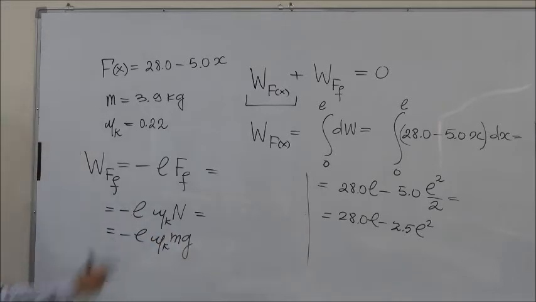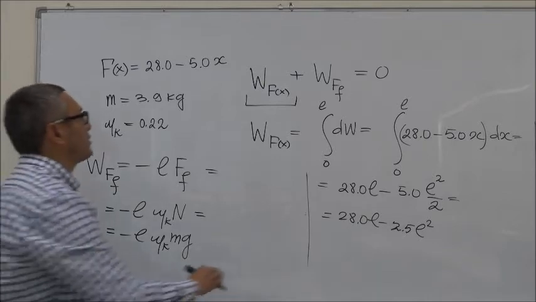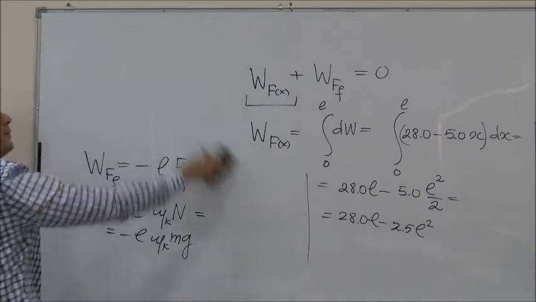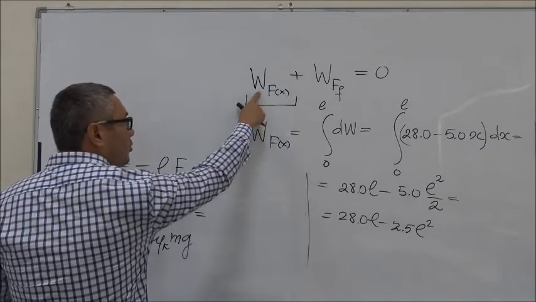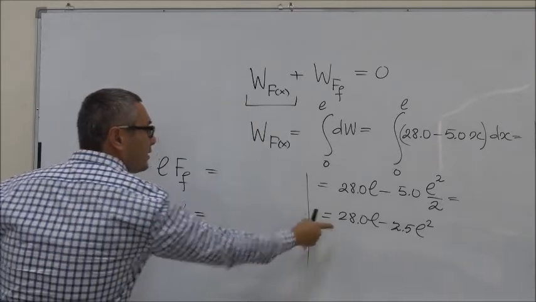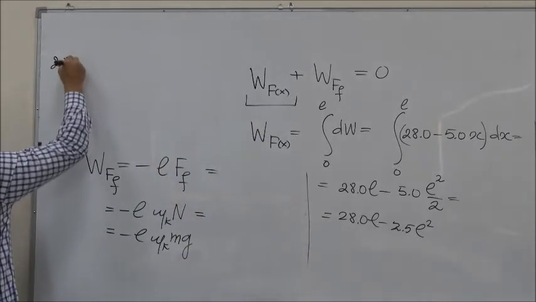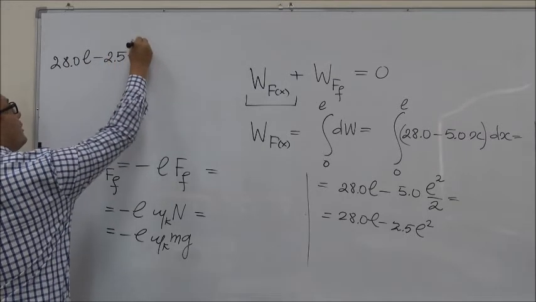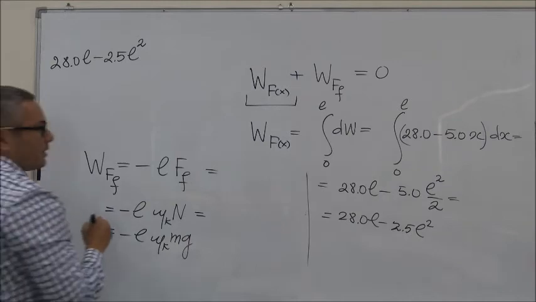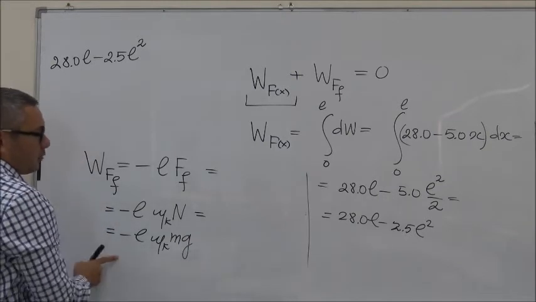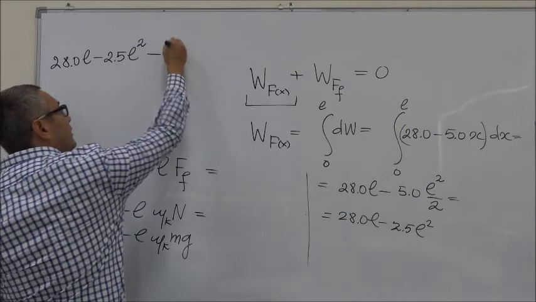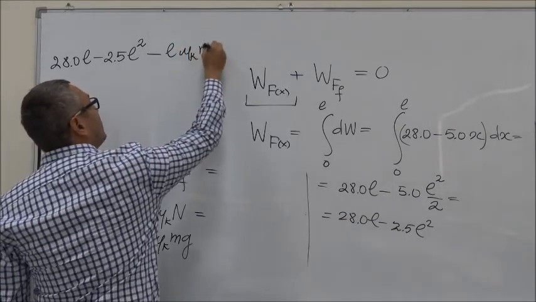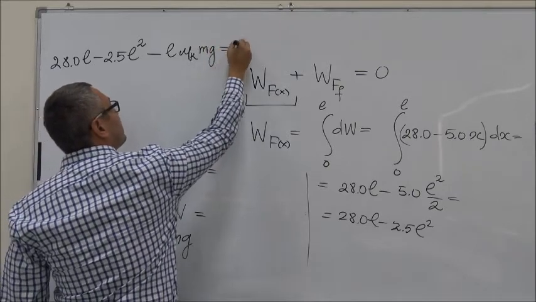So now we can take this and plug it into the overall expression. So the work done by the force F is this. So this is 28 L minus 2.5 L squared plus the work done by the force of friction, which is this. So negative L mu k mg equals 0.